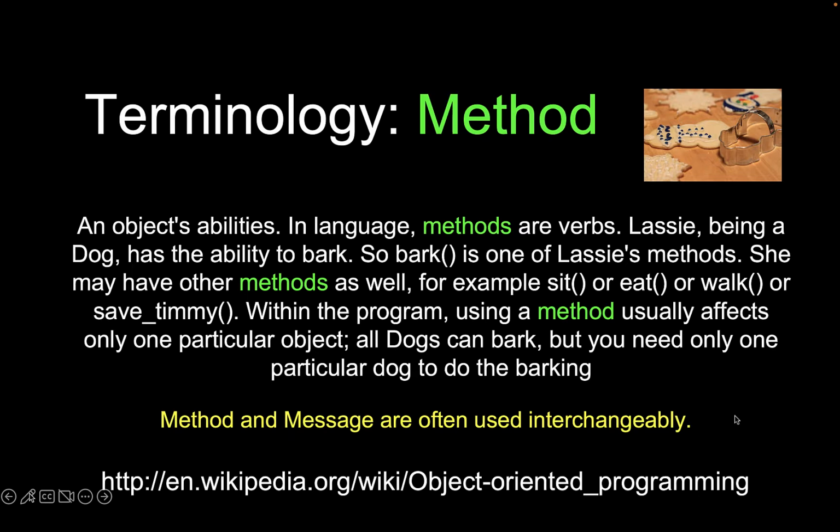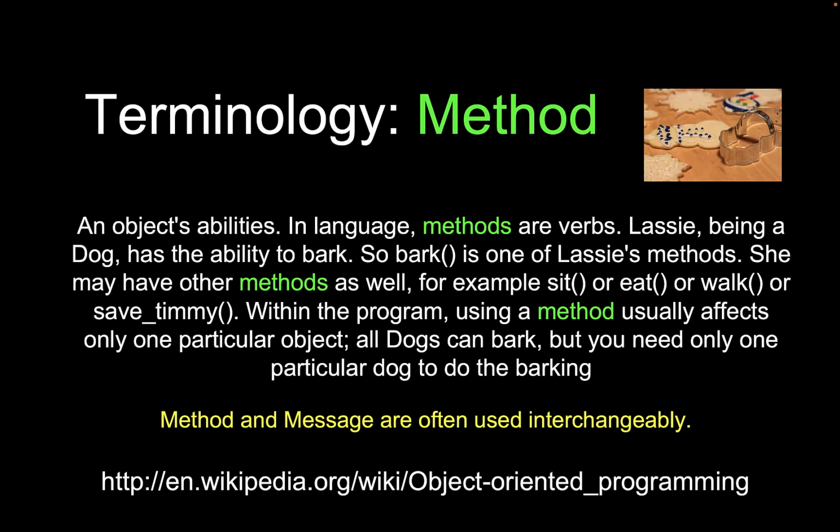More terminology. Method. An object's abilities. In language, methods are verbs. And in my class, I really insist that the names that you give to methods are either verbs or verb noun phrases. Okay, that makes it easier to remember that that's the name of a method. Lassie, being a dog, has the ability to bark.